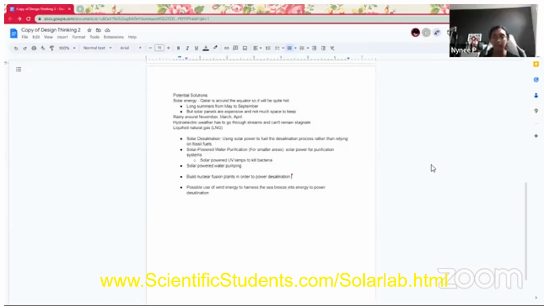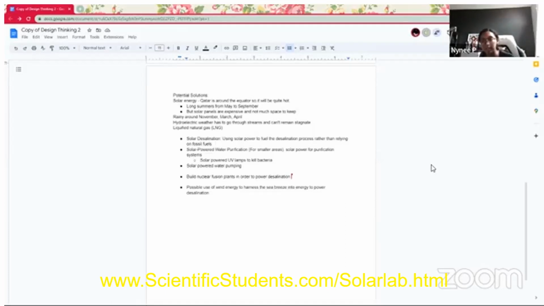It's not something we can use wide scale, but we can have UV lamps to kill bacteria in order to have safe drinking water. But something we can use wide scale is solar desalination, which helps with the desalination process. But instead of being dependent on fossil fuels, it will use solar power to fuel that process. So those are just some ideas.